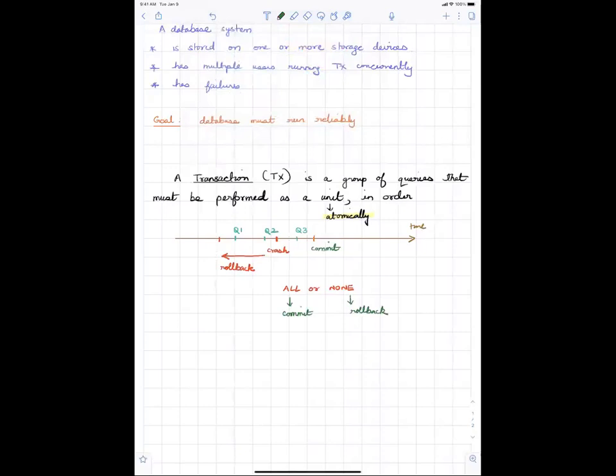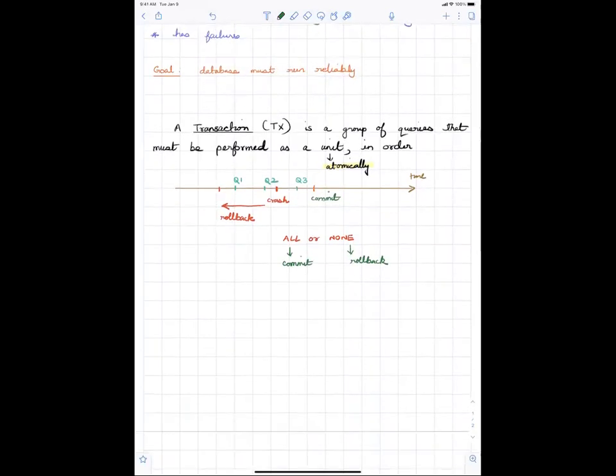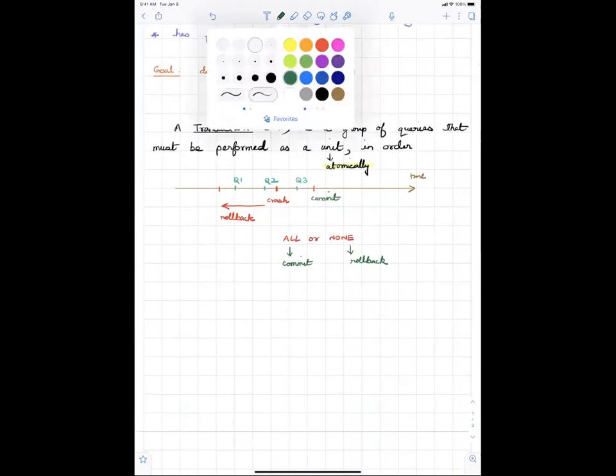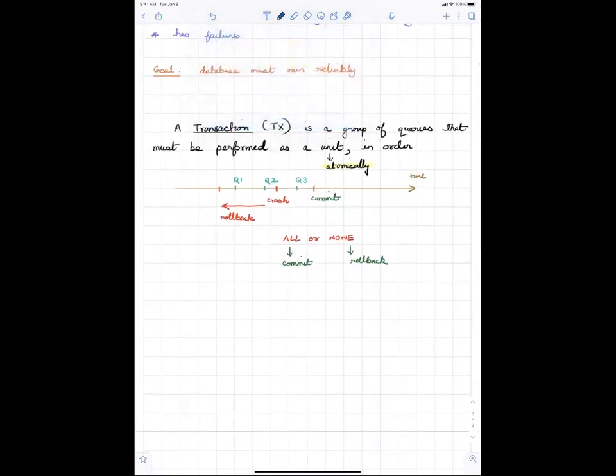We haven't really spoken about commit or rollback before this, because essentially you've been doing single queries. All your assignments were one query going through. But in general, a transaction is several queries, Q1, Q2, and so on to Qn.